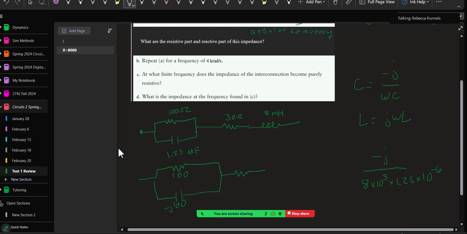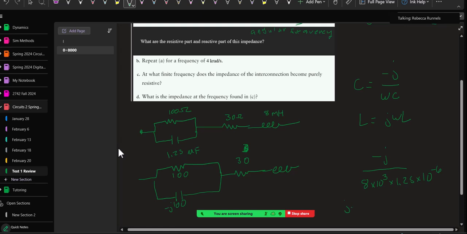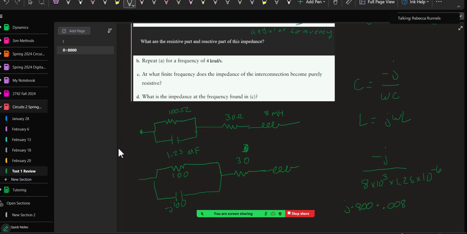The 30 ohms stays the same. And then 8 millihenries for the inductor will be J times 8,000 times 0.008. 8,000 times 0.008, those would cancel the milli. That's probably 64, right? So J64, yeah, it is, J64.